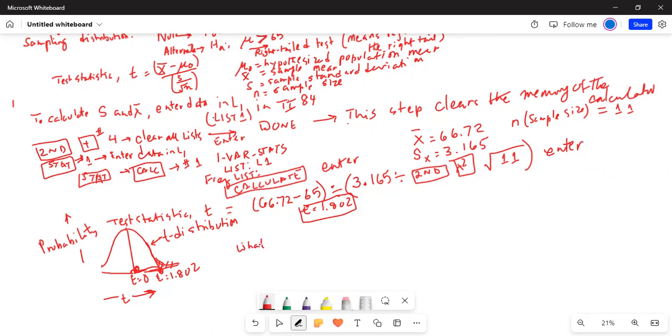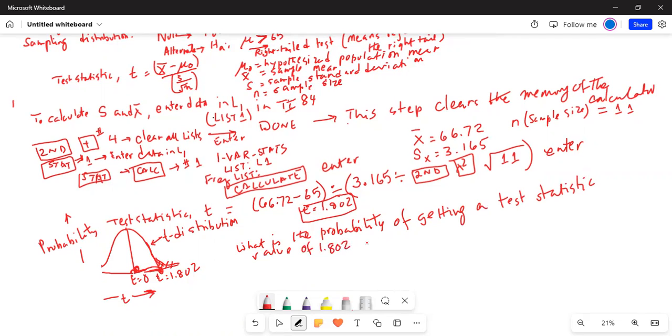What is the probability of getting a test statistic value of 1.802 or more extreme than that?